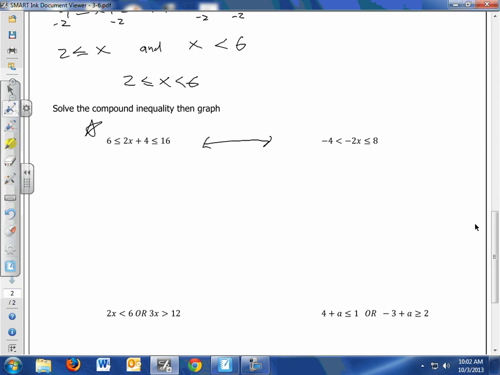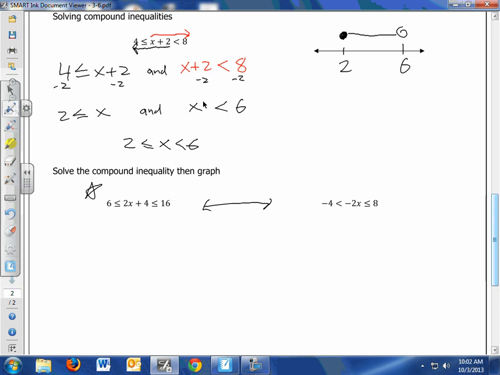Start by breaking it up into two different inequalities, which I did up here, and then solve both the same way and go from there. Everything in the middle goes for both inequalities, so you should have 2x plus 4 in both of them.